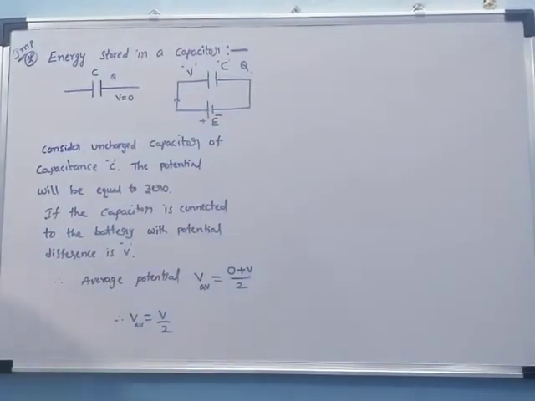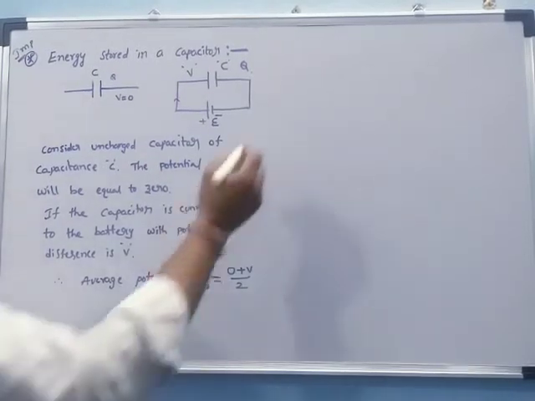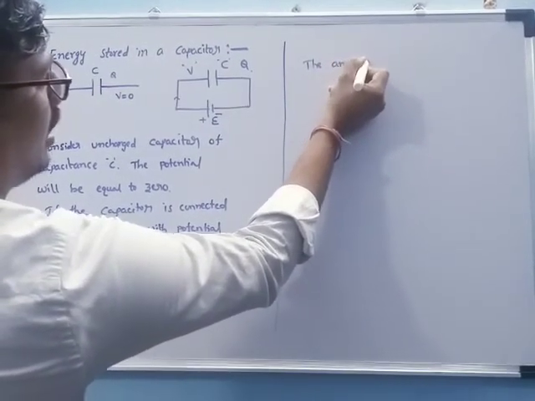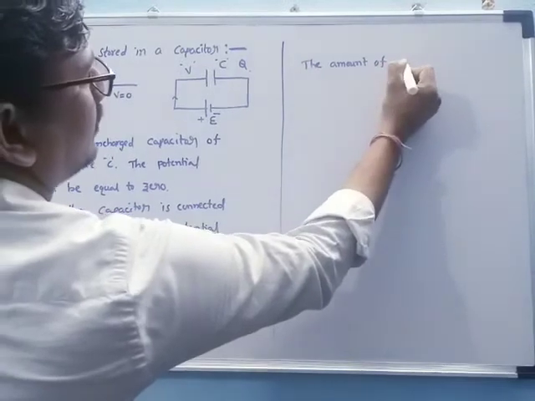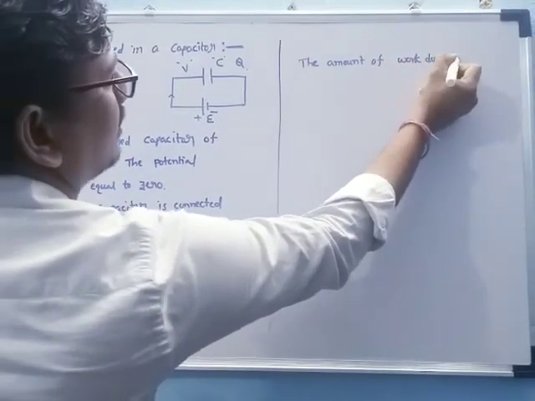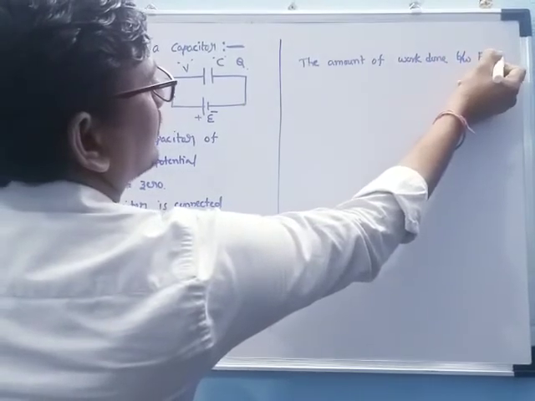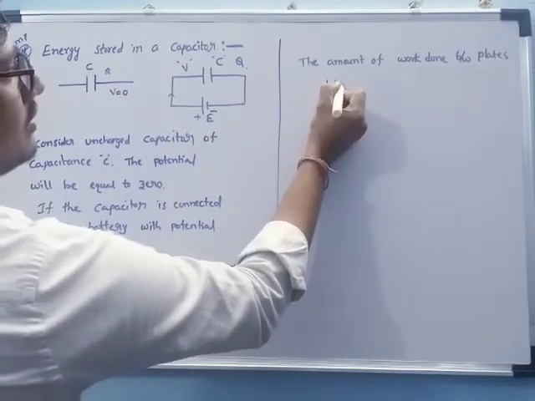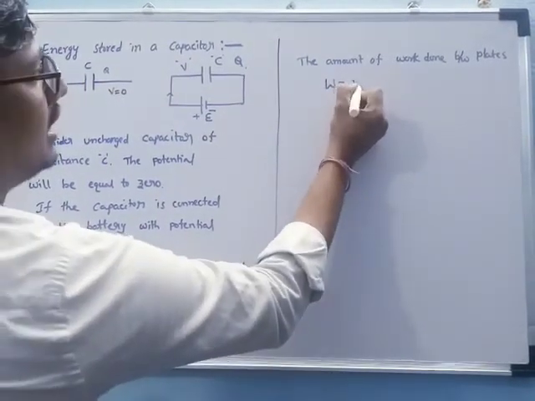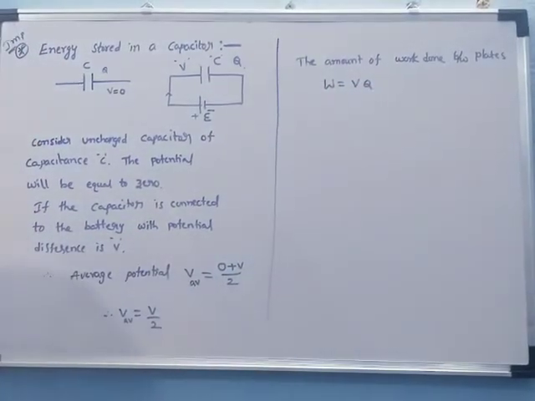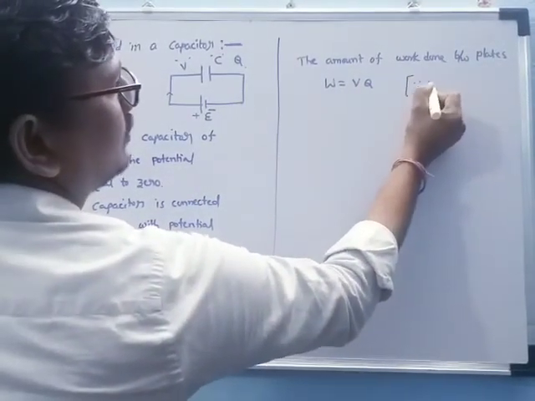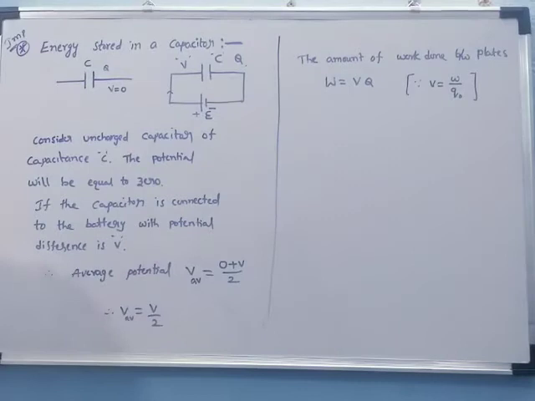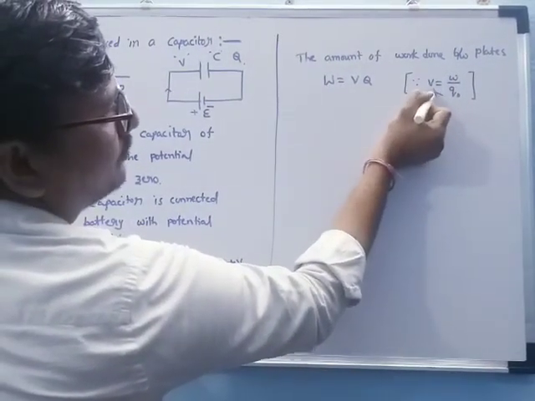Charging means some work is done. The amount of work done between the plates. What is the formula for work done? Work is equal to potential into charge, since we know the potential is the work done per unit charge.